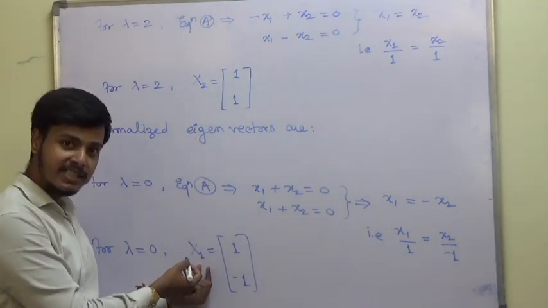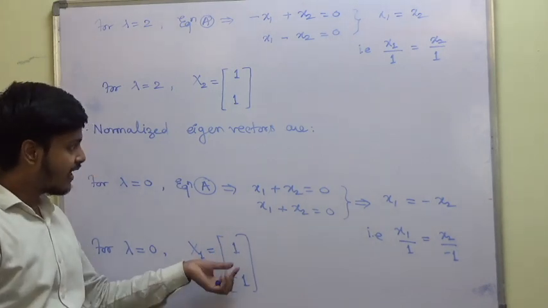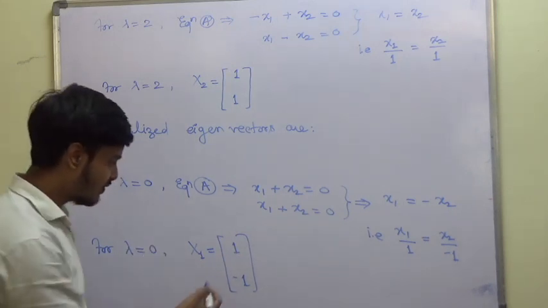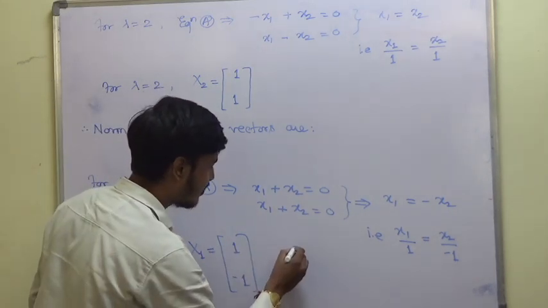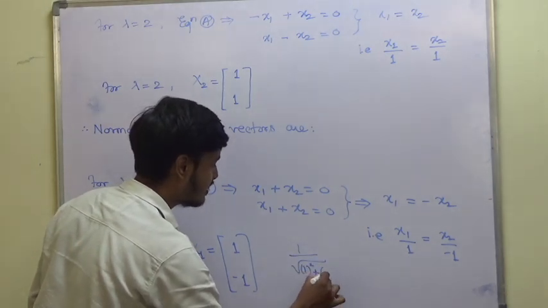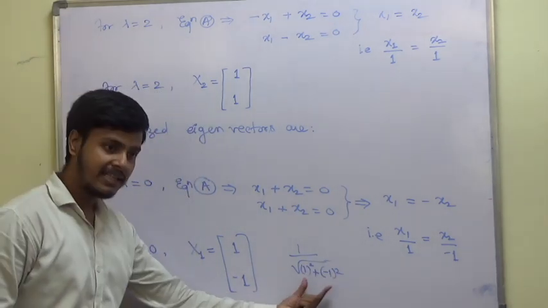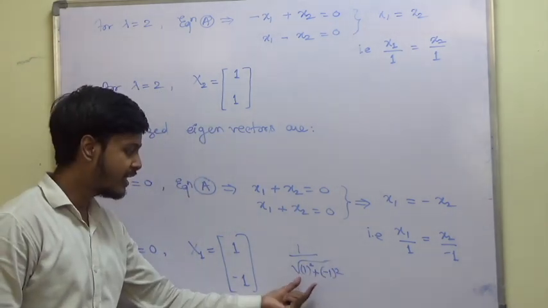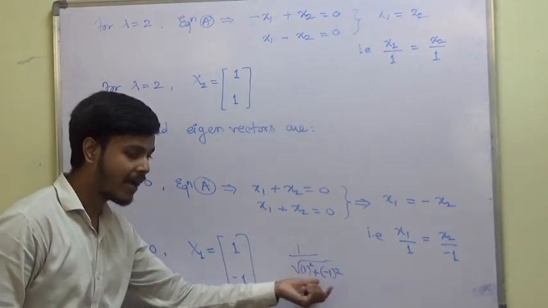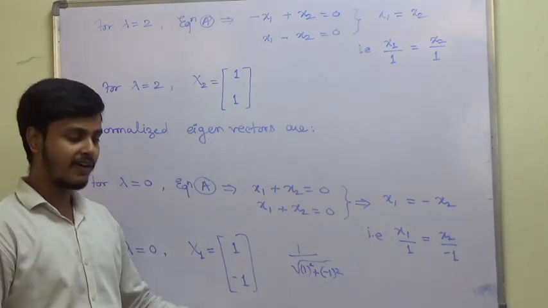You can write down the same vector x1, and you can write it as 1 divided by under root of, for this I can write down 1 upon under root of 1 square plus minus 1 square. Okay. Try to write like this, because sometimes you write 1 square minus 1 square, so sometimes you write like 1 minus 1 is 0, which is not the case. Okay. It becomes undefined, not defined.